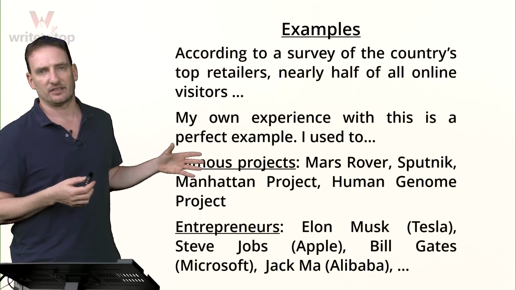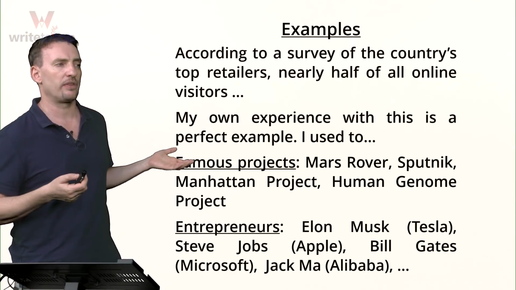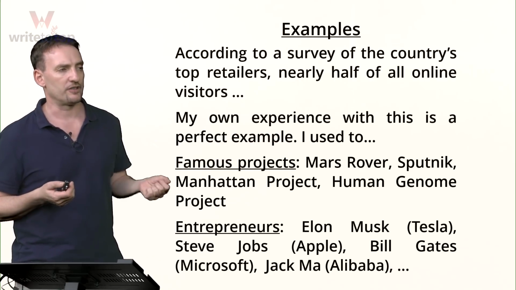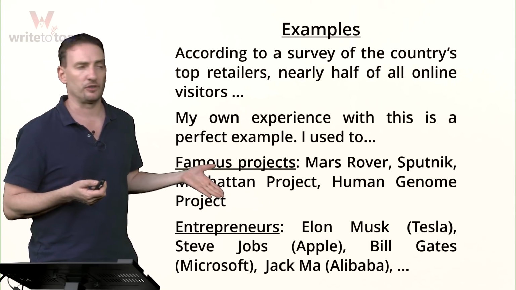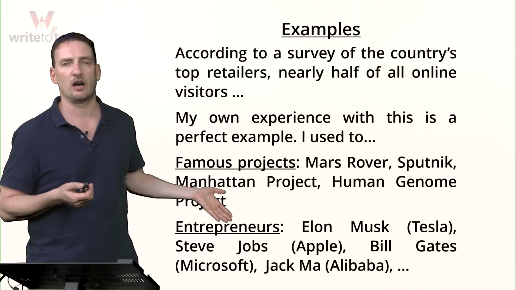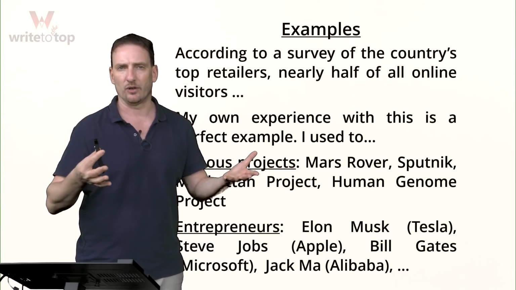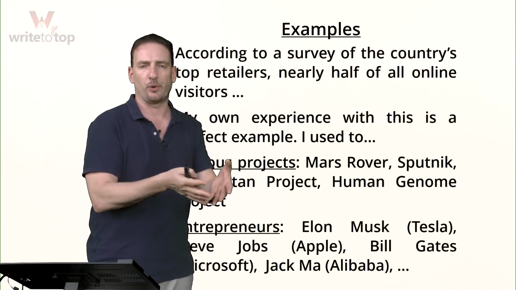Make yourself lists. So for example, for technology, think of some famous projects like the Mars rover, Sputnik, etc. Think of people, entrepreneurs, Elon Musk, Steve Jobs, Jack Ma. These are all famous people that everybody knows. Use them to support an idea.